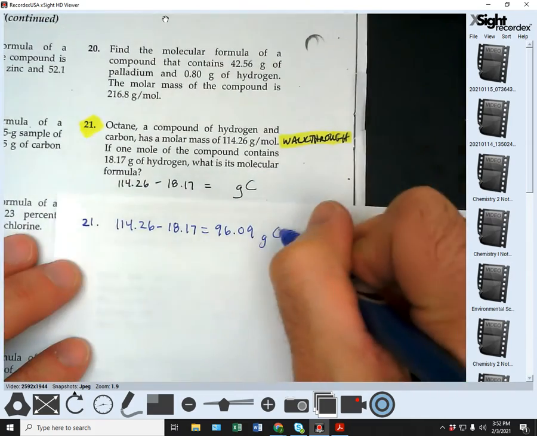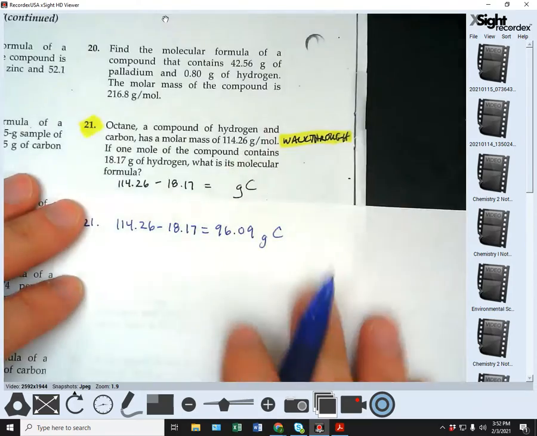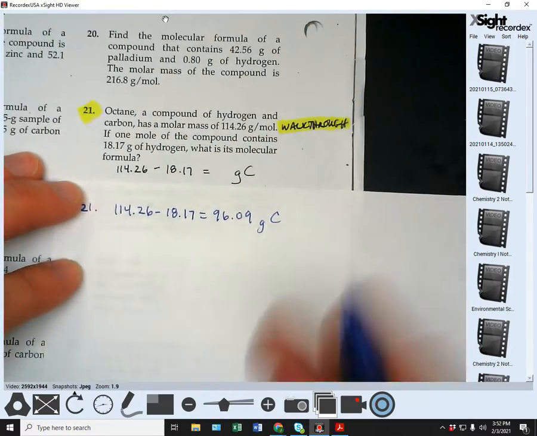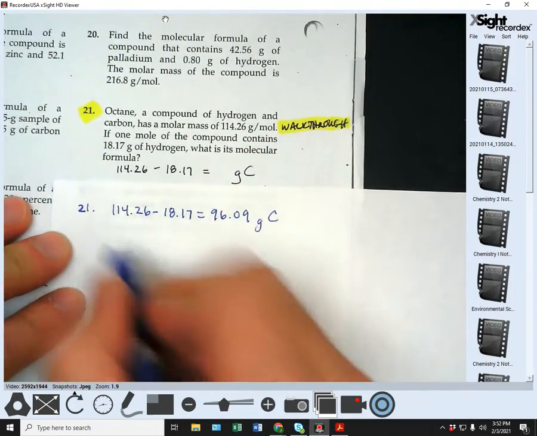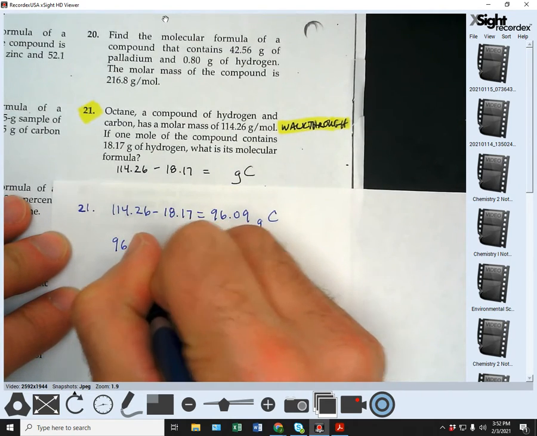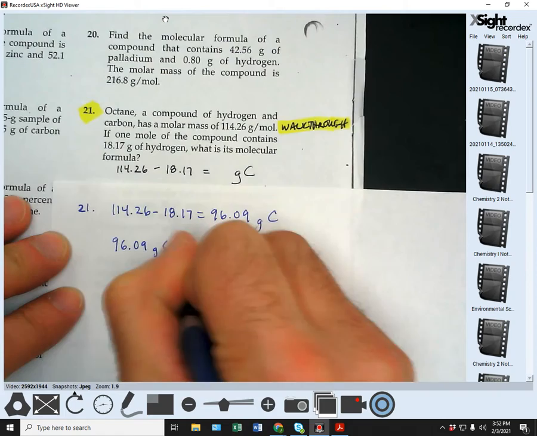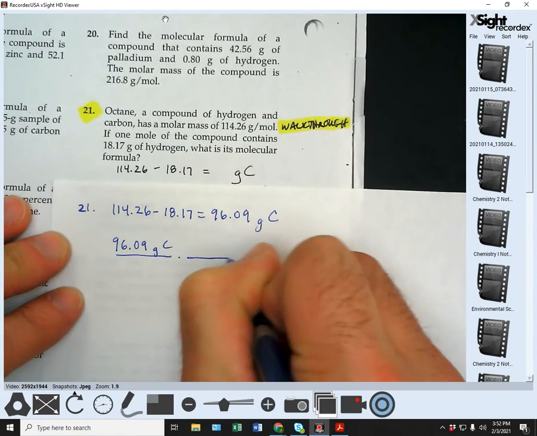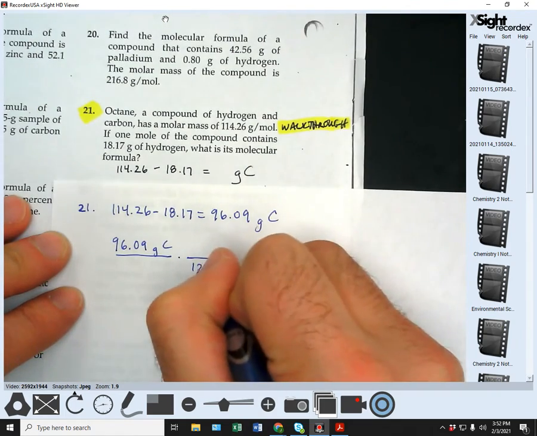And then in reality, from this point on, you just do what you would do on the other ones, which is convert your grams of each element to moles.